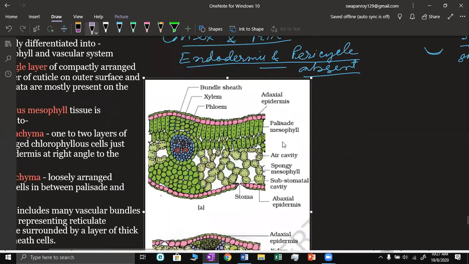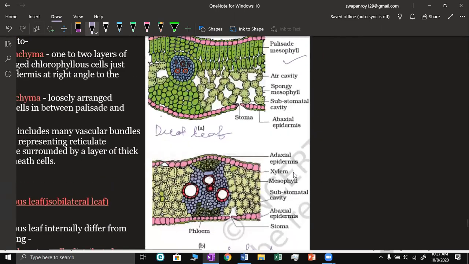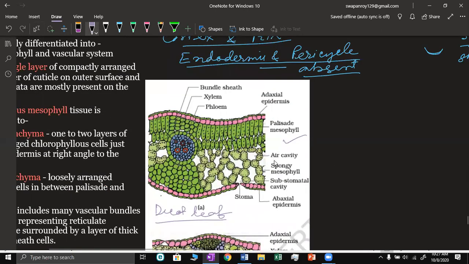This one is dicot leaf, and here is monocot leaf. In the dicot leaf, as in every structure, there are three types of tissue system. So here also: epidermal tissue system, ground tissue system, and vascular tissue system.